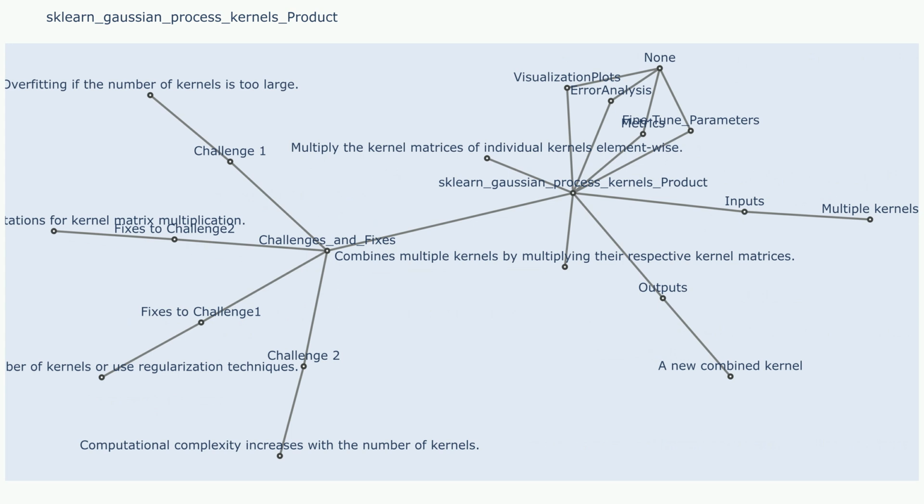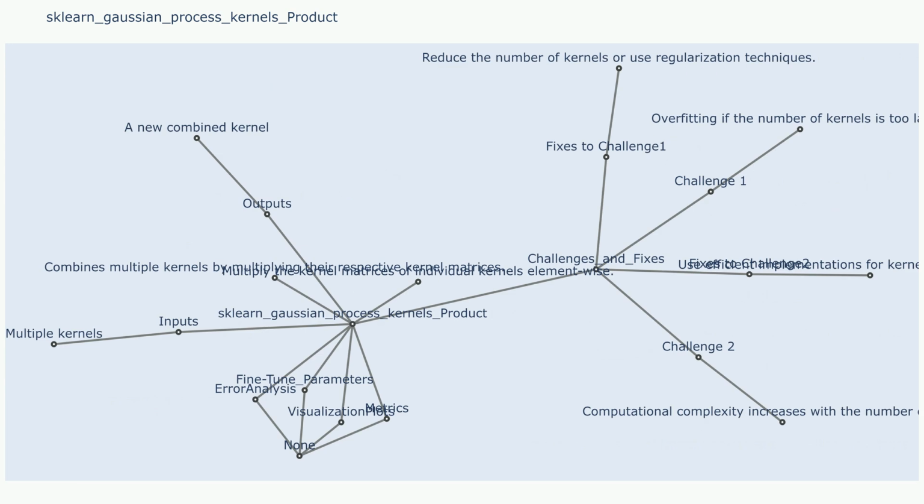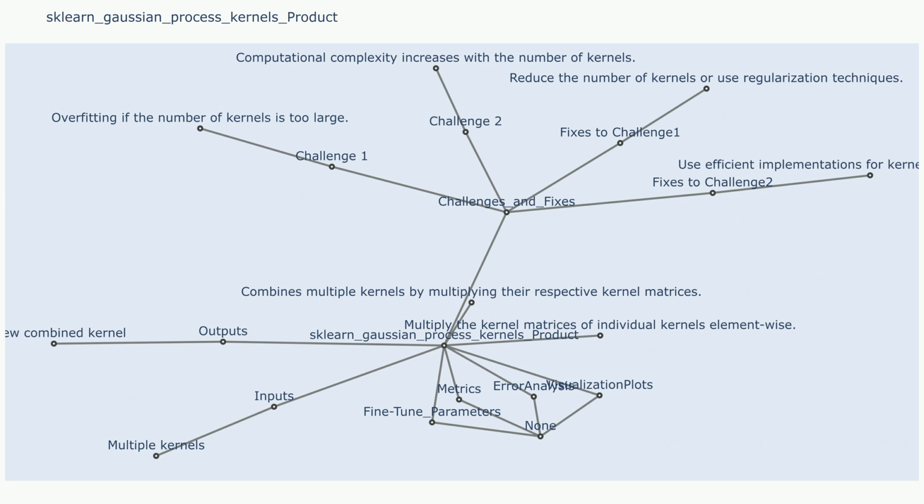Input 1, kernels. The product kernel takes a list of 2 or more kernel objects as input. Each kernel represents a different aspect of the relationship between the input features and the output values. Input 2, data. The product kernel requires training data, consisting of input features and corresponding output values.